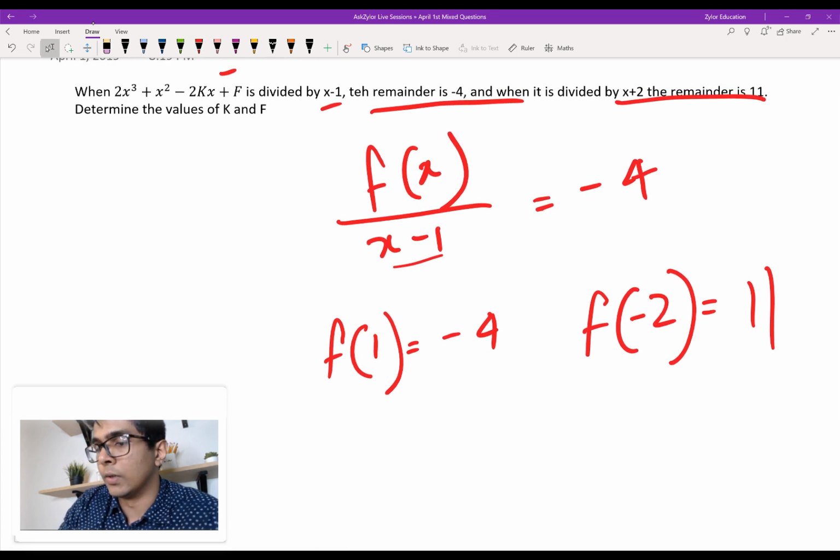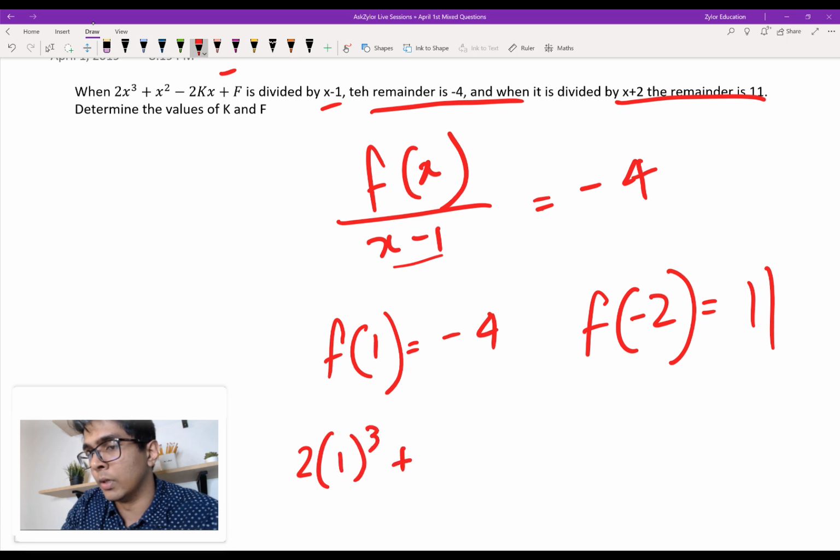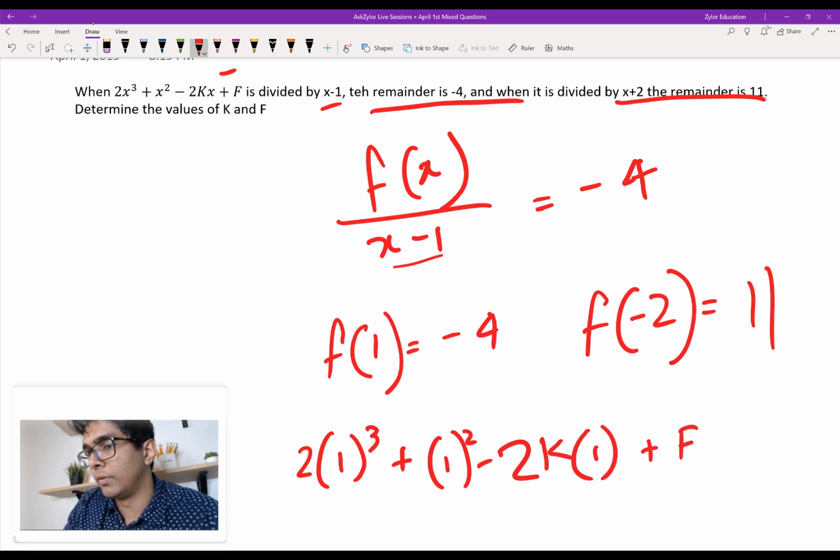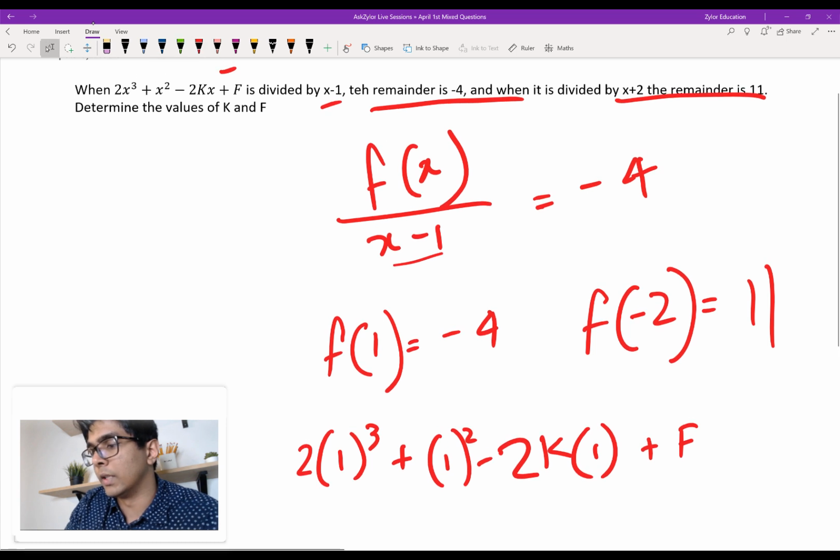So let's go ahead and simply plug in x is equal to 1 into the function. So I'm going to plug in 1 cubed plus 1 squared minus 2k at 1 plus f. All that's going to equal negative 4.